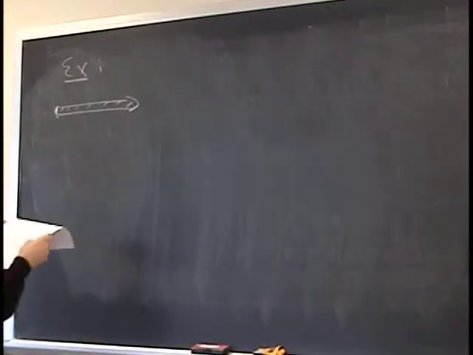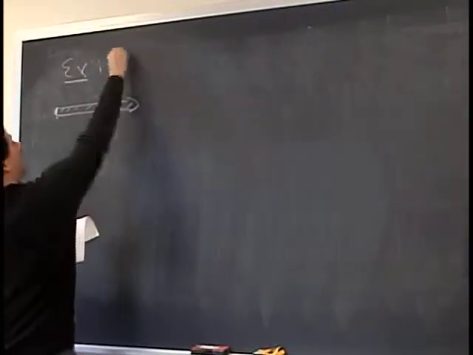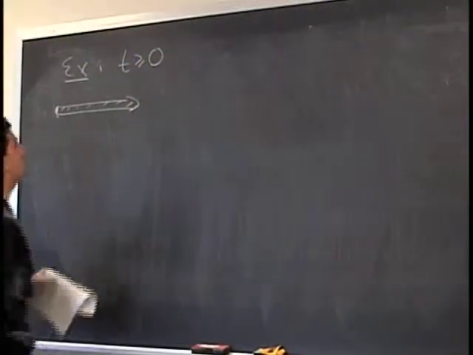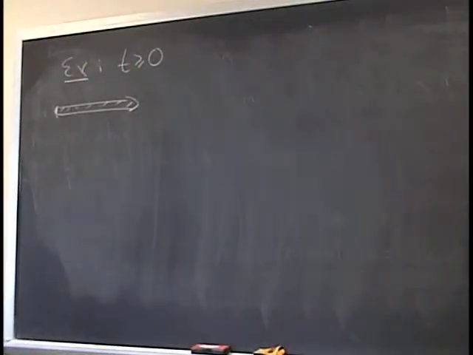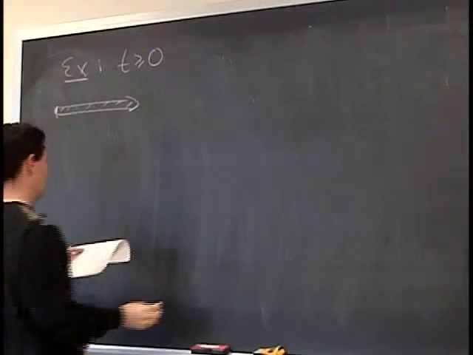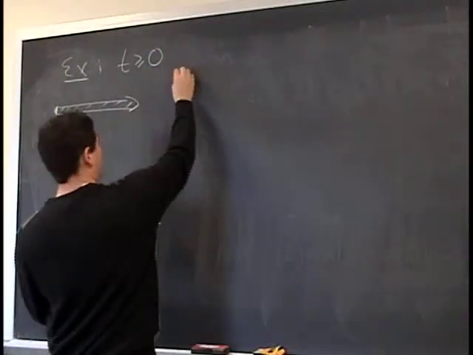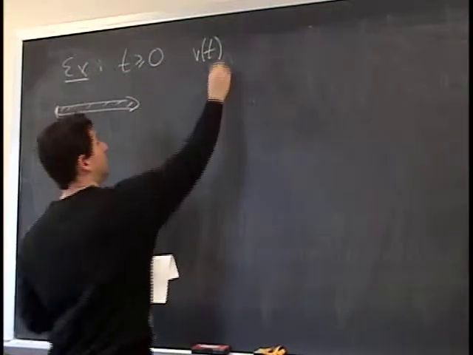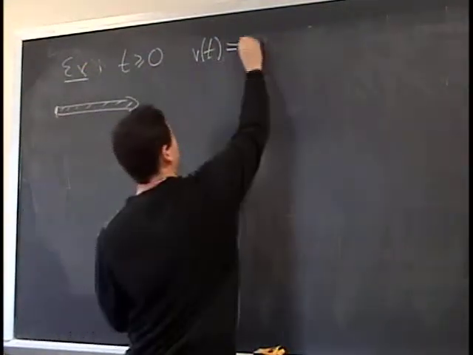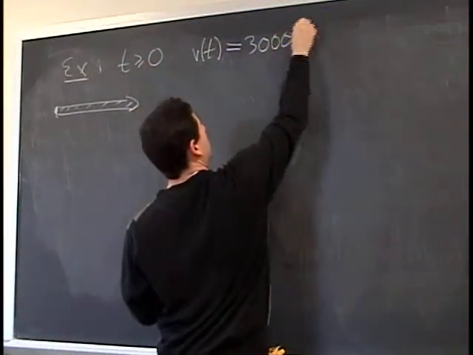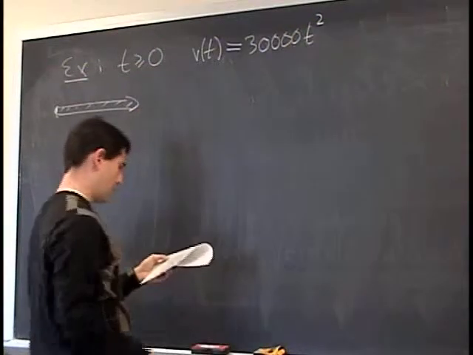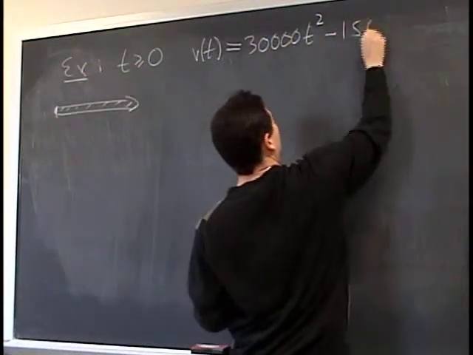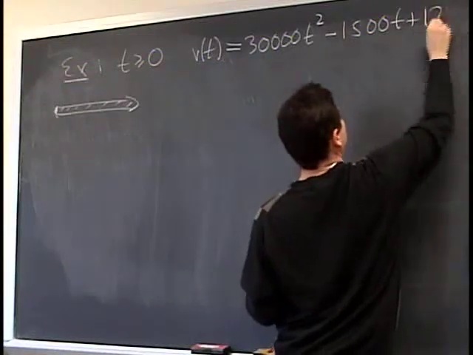Let's say that we're always going to assume in this example that time is greater than or equal to 0, and the rocket's velocity v of t is given by the following equation: 30,000 t squared minus 1,500 t plus 12.